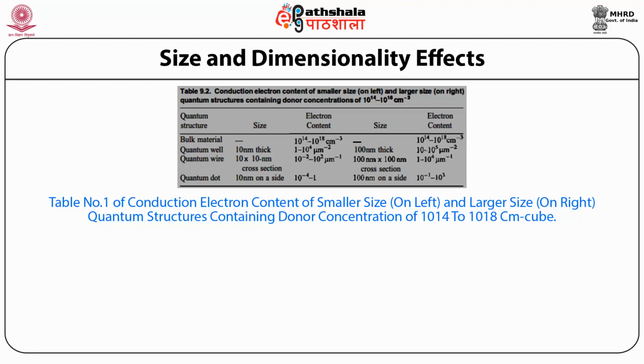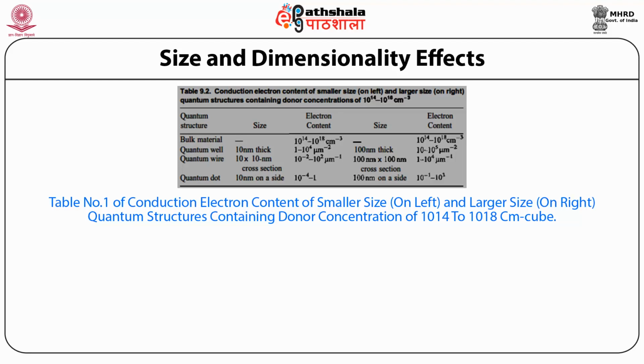The conduction electrons would be delocalized in the plane of the plate, but confined in the narrow dimension, a configuration referred to as a quantum well. In Table 1, the quantum structures, their size and electron content are discussed for bulk material, quantum well, quantum dot, etc.